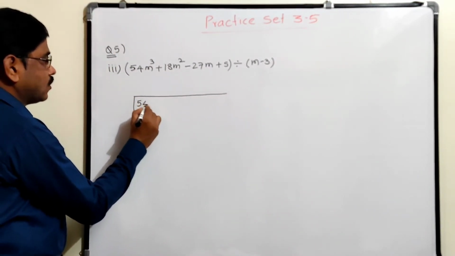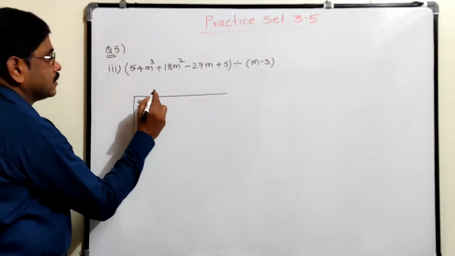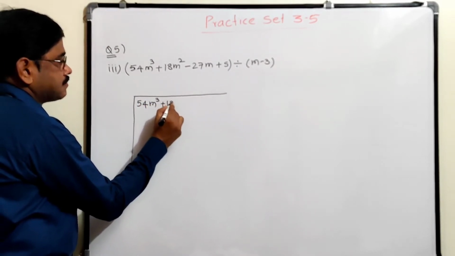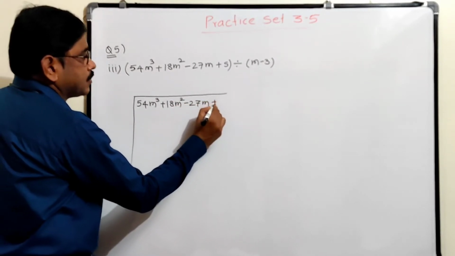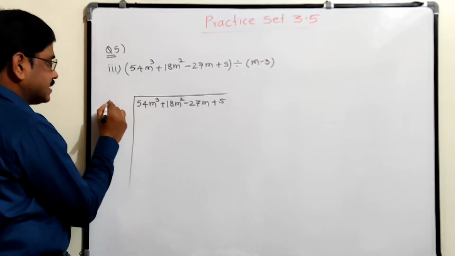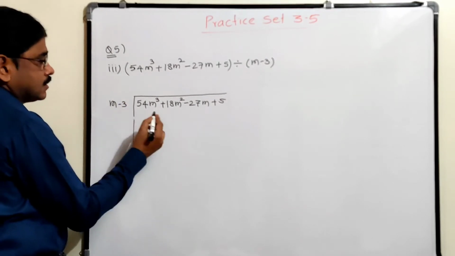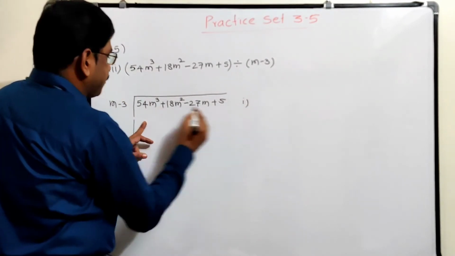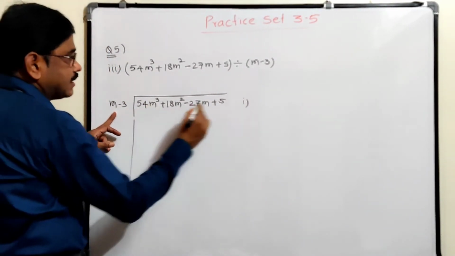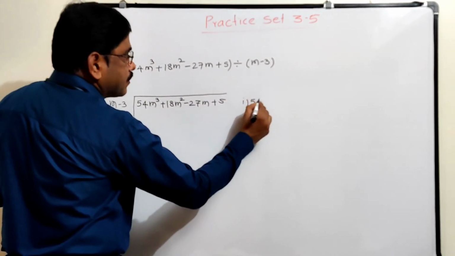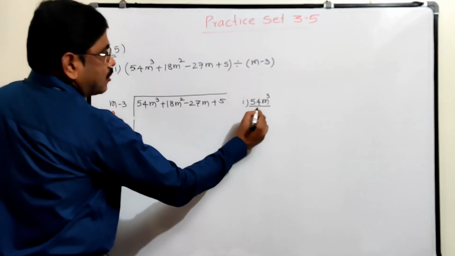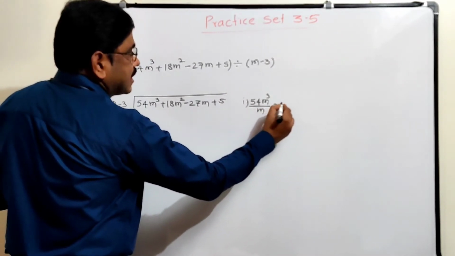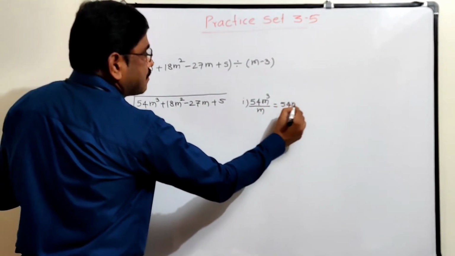So here it is already in standard form. Plus 18 m square, write the dividend at the place of dividend, plus 5, and the divisor at the place of divisor. So what is our first rough work? The first term of the dividend 54 m cube divided by the first term of the divisor, that is 54 m square.